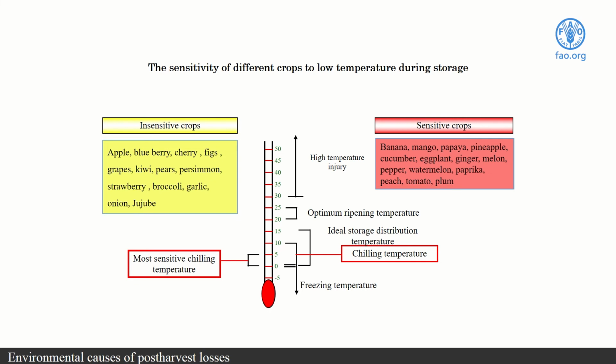As you can see here, sensitive crops such as banana, mango, papaya, pineapple, cucumber, eggplant, and plum are sensitive to chilling injury below 10 degrees Celsius. On the other hand, the optimum ripening temperature ranges from 20 to 25 degrees Celsius.